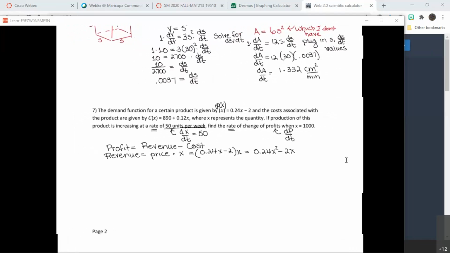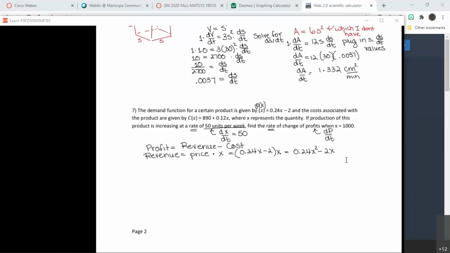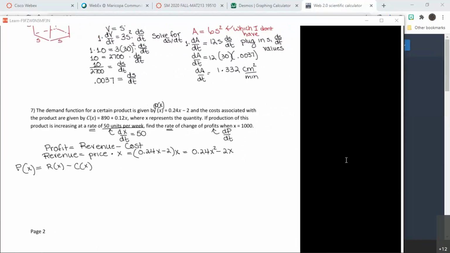I have two equations that I need for profit. My P of X equals R of X minus C of X. Here's the R of X.